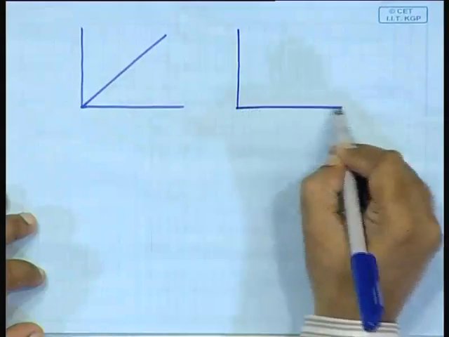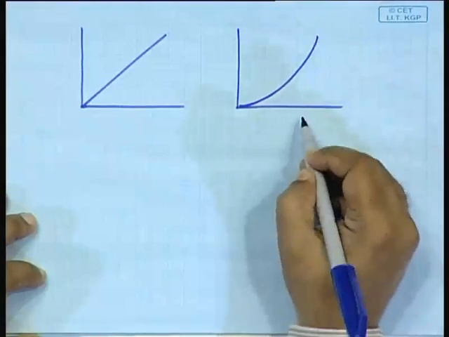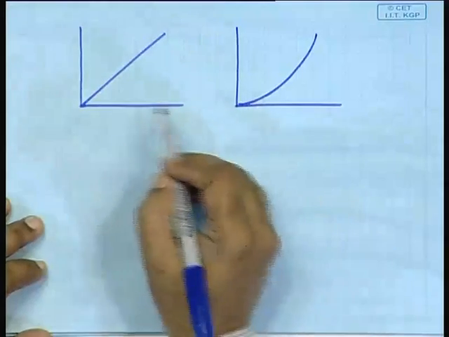Maybe exponential also. I mean, we do not normally come across such functions, but nevertheless we can imagine there could be an external forcing function that is an exponential function. So, you can also think of an exponential function. So, here what is the x axis, what is the y axis?